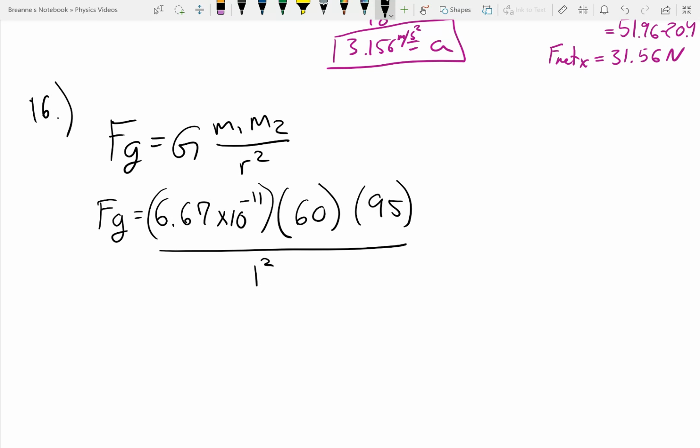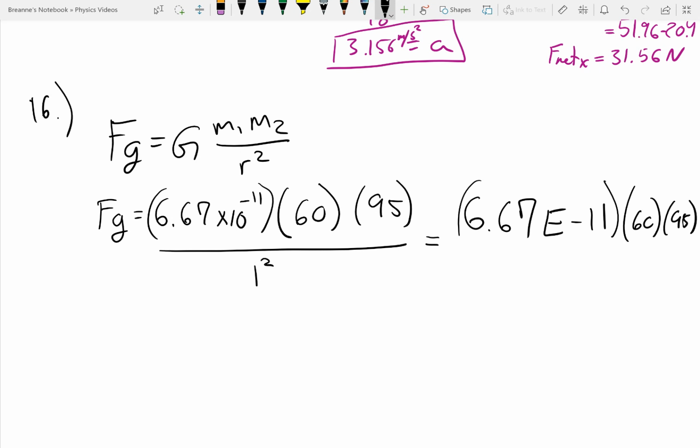A couple of hints on this one. Remember that when you plug it into your calculator, you can do the 6.67 capital E, that's your second EE, negative 11. I put parentheses around that, so you can plug into your calculator like that. And I would make sure I put parentheses around my 1 squared after I divide it into the calculator also, just to keep everything together.